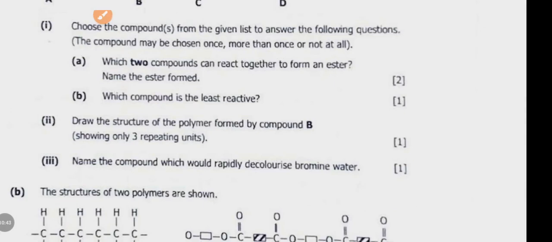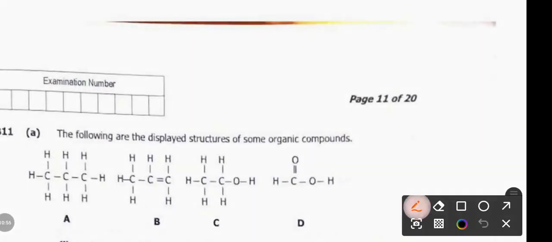Then question 2, draw the structure of the polymer formed by compound B, showing only 3 repeating units. So where is compound B? Compound B is here, and compound B is an alkene. Why? Because alkenes have a double bond.